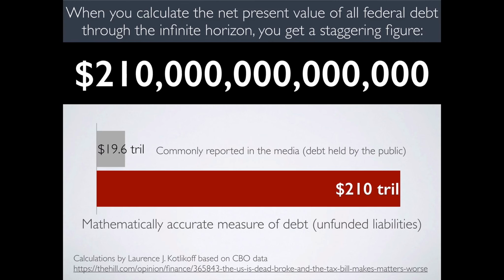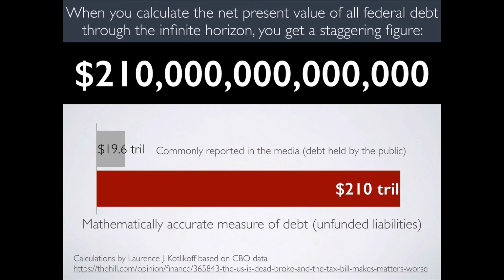Now, when you do this for all of the federal liabilities in the future, that is, you use the infinite time horizon, you get a pretty staggering figure. $210 trillion. That is the total extent, the net present value, of the government's unfunded liabilities into the future. $210 trillion.